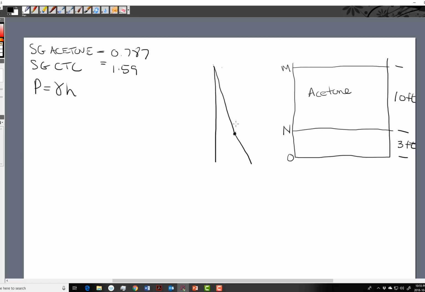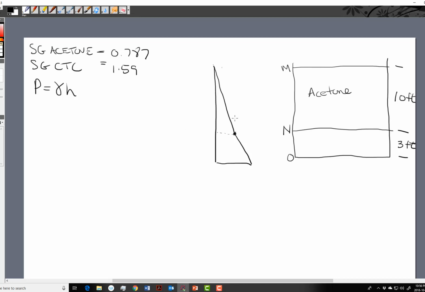This is the acetone, and when you get the change in liquid, you get a different increase in pressure. So in order to really solve this problem, you need to look at the fluids individually.